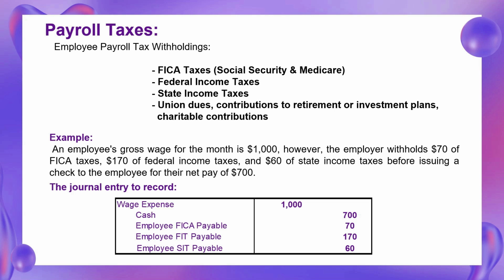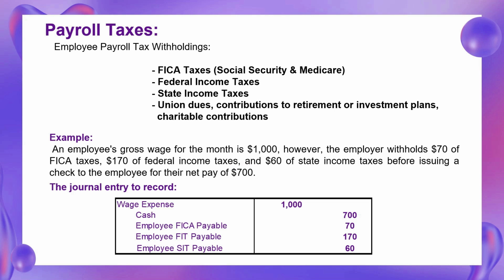Now let's look at an example of how we would account for this. Let's assume an employee's gross wage for the month is $1,000. However, the employer withholds $70 of FICA taxes, $170 of federal income taxes, and $60 of state income taxes before issuing a check to the employee for the net pay of $700.